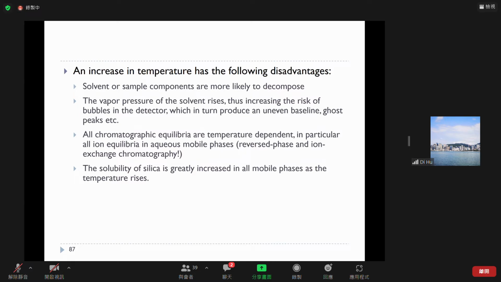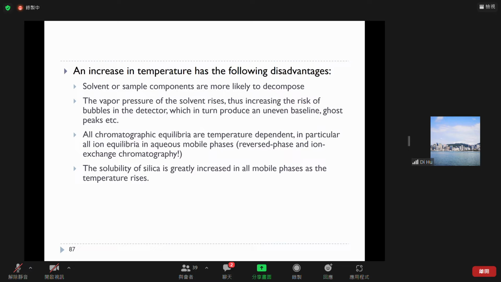When you heat them up, some evaporates and increases the risk of bubbles in the detector. Remember I mentioned that last week: you see a quite noisy baseline, and small bubbles can serve as seeds for bigger ones, so ghost peaks and so on.